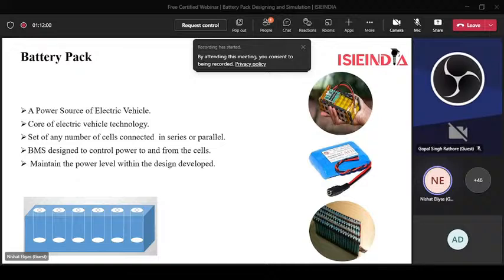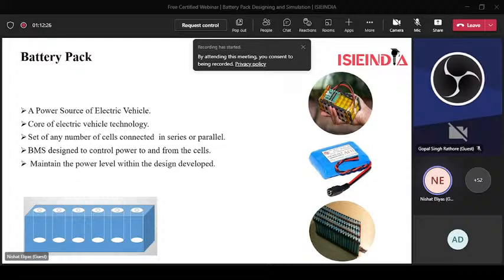Like the combustion engine, where the petrol or gasoline is burned and the heat is changed into mechanical energy, in the electric vehicle the chemical energy is first converted into electrical energy, and then into mechanical energy.